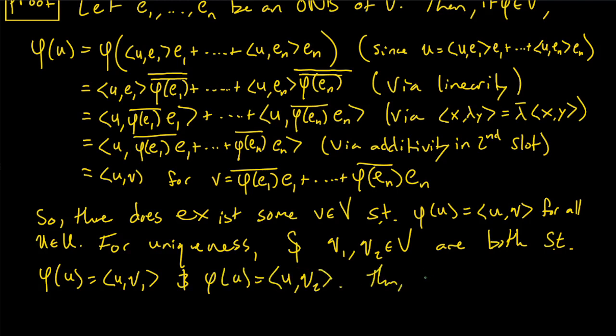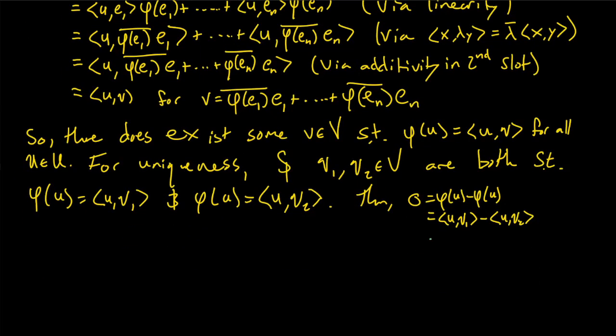Then 0 is certainly equal to phi(u) minus phi(u), which is then equal to the inner product of u with v1 minus the inner product of u with v2, which is just equal to the inner product of u with v1 minus v2.